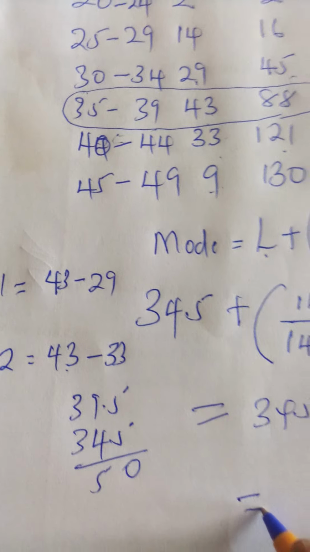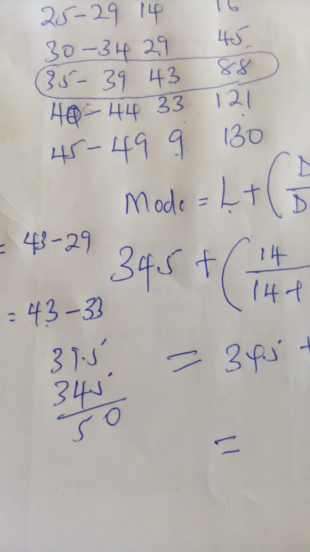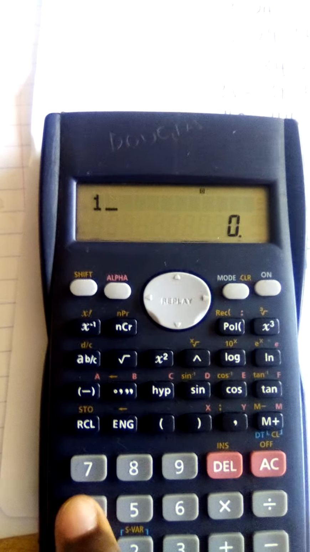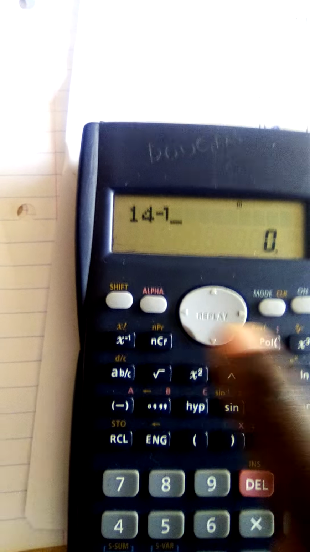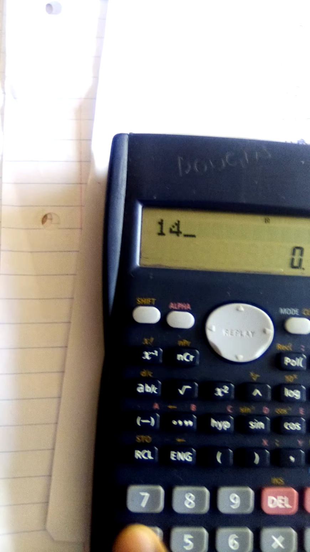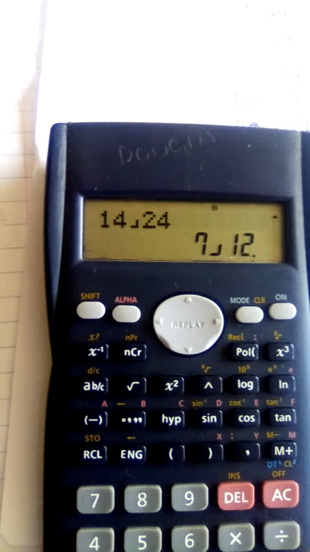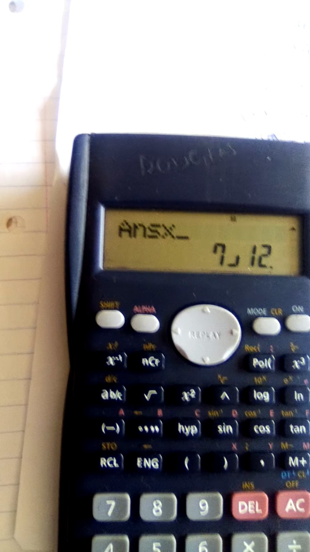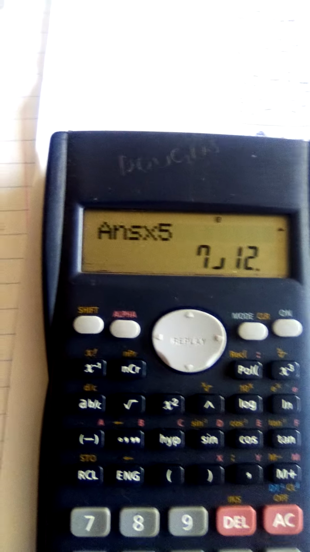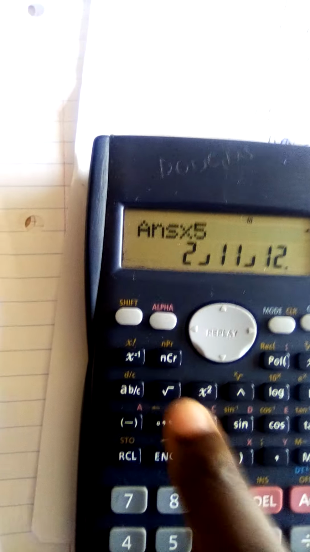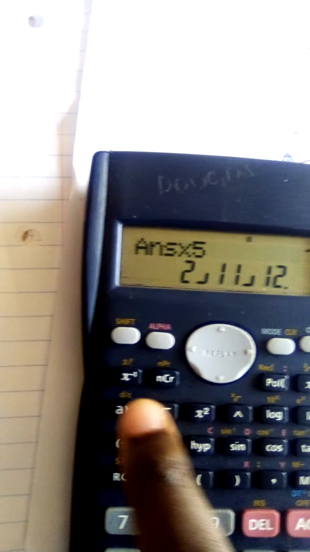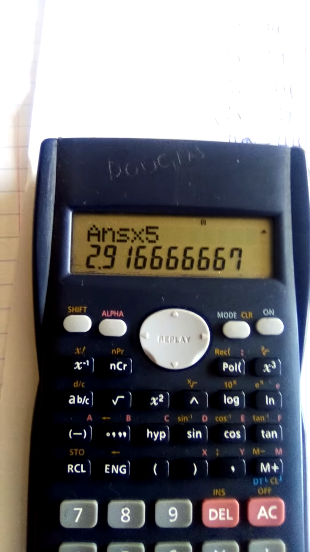And if you calculate this, I use my calculator to do that. So I'm going to work out the bracket first, which will be 14 over 24, then I multiply by 5, which gives me 22.916.